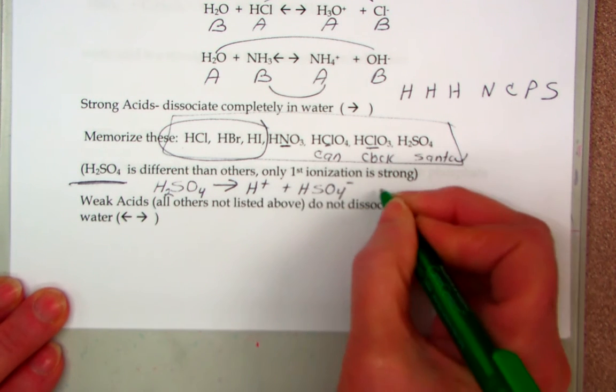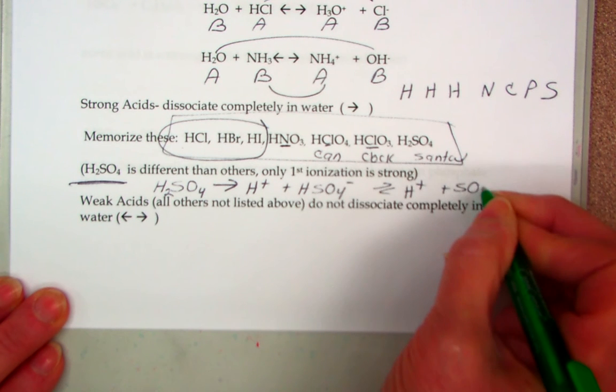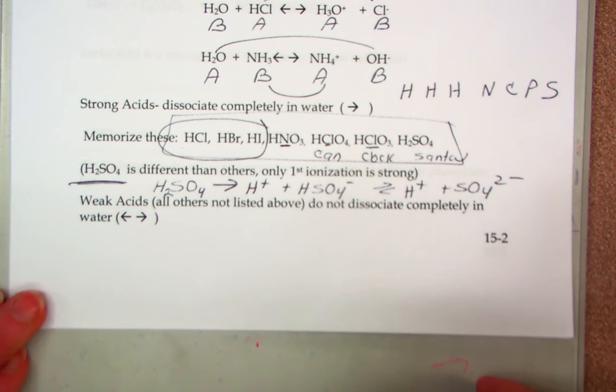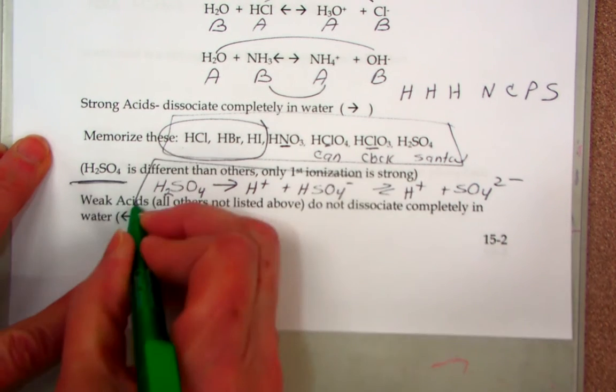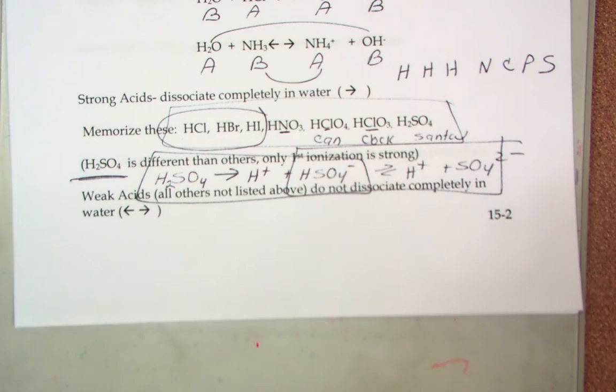Now the hydrogen sulfate ion loses the second proton, but this one is in equilibrium. So we're not going to use sulfuric acid in our examples as much because it's different, and because the conjugate base of sulfuric acid is actually an acid in its own right. It's one of those hemiacids. Well, it is balanced. This is one balanced equation, and this is a balanced equation. They're just overlapping.